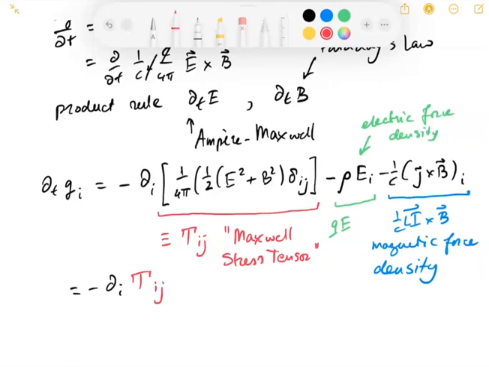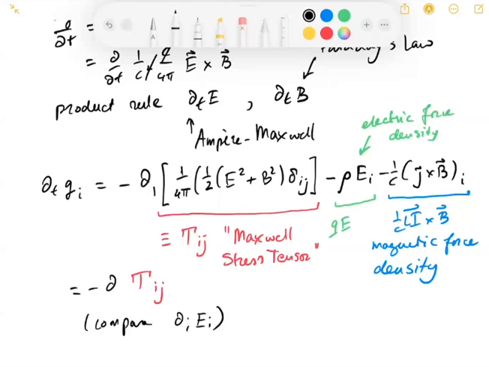So for instance, compare del I EI, that's the divergence of E, right? So we do have a divergence here, but it's the divergence that takes the derivative along the I direction, but it only is a sum over the I direction, and you still have a term left. And now I see, actually, I made a little mistake here. That's actually not I, that is J. Make sure, fix that.